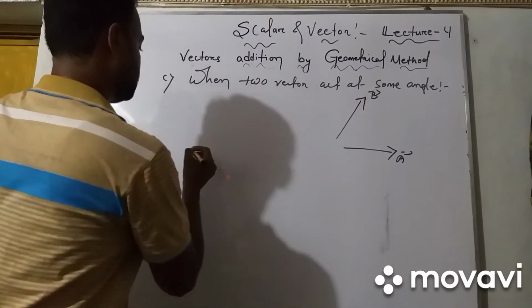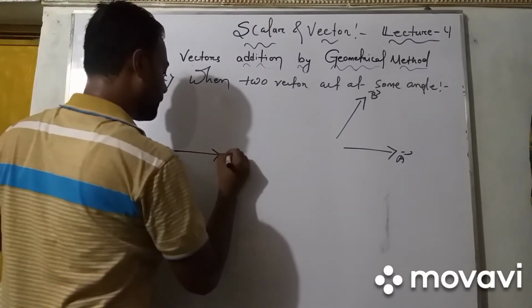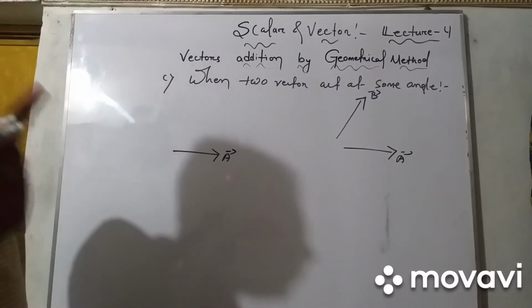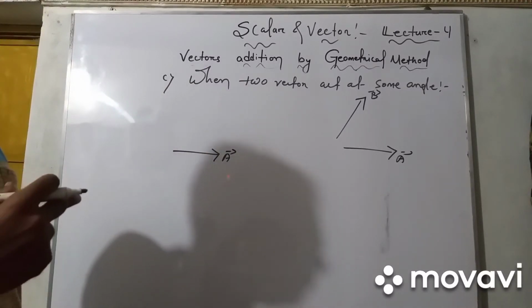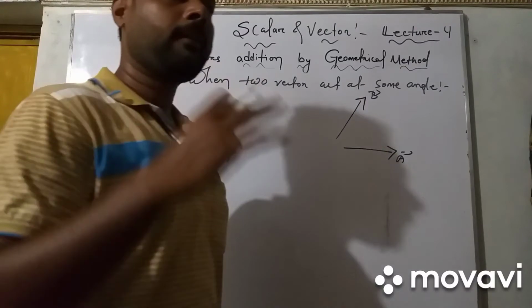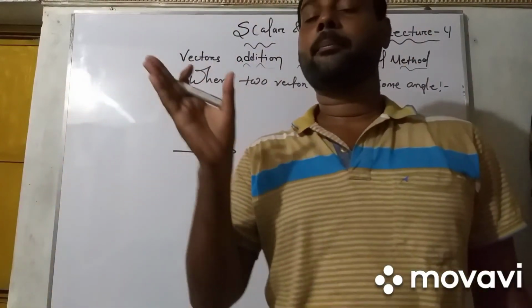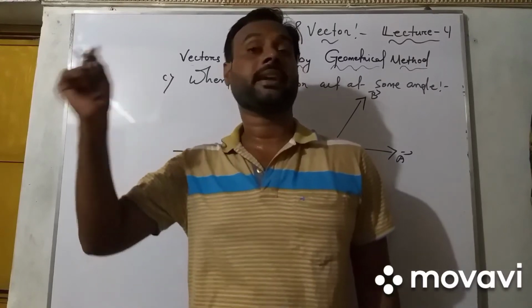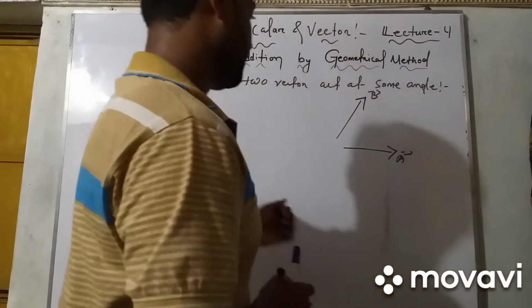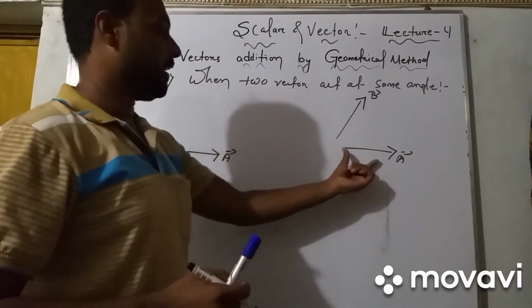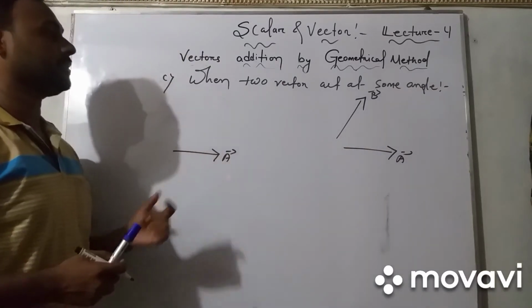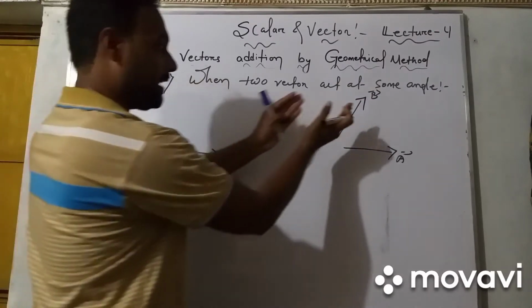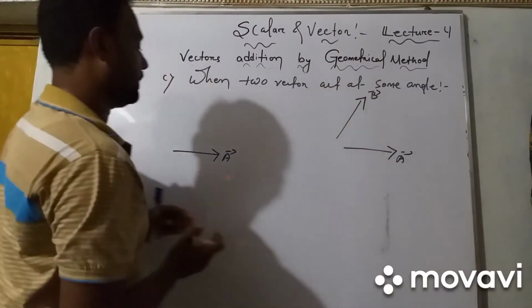Suppose this is A vector. In the general rule, if a vector is acting in a particular direction, its head point coincides with the tail of the second vector. So in the given two vectors, A vector acts in a particular direction and B vector creates a certain angle, so that B vector becomes shifted.